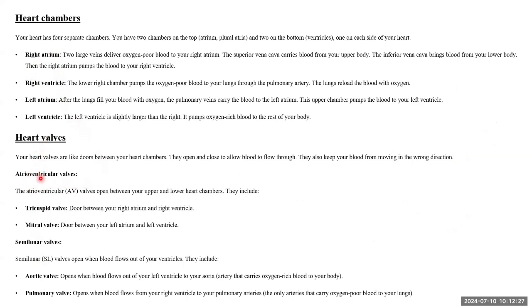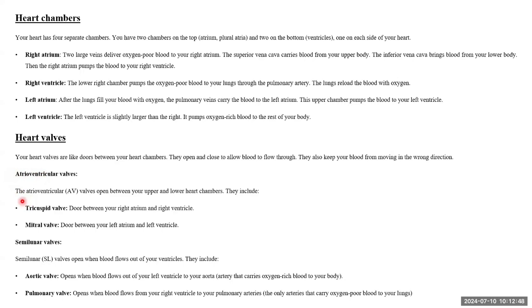These valves control the blood flow from the atrium to the ventricle on each side. So each atrium is connected to the ventricle with the help of atrioventricular valves.